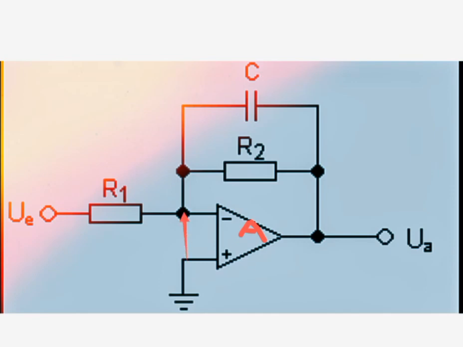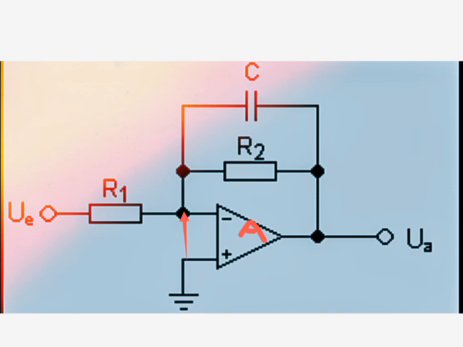We can indicate that like this. That's the virtual short concept, and it helps us to simplify the analysis. So at the negative pin we have 0 volts because of the virtual short. Now let's say you apply a signal at the input pin right here, and that signal has a certain peak amplitude with a frequency f.